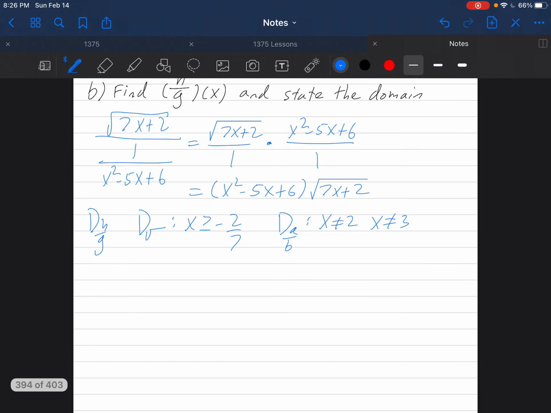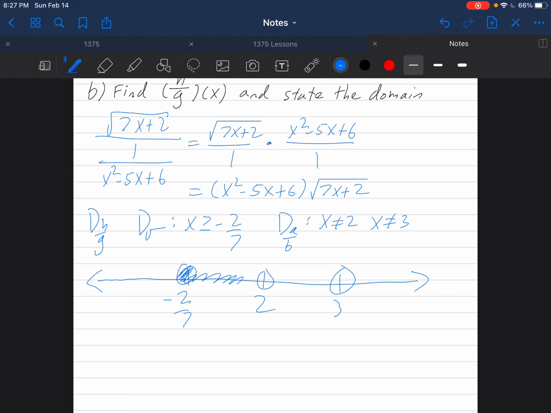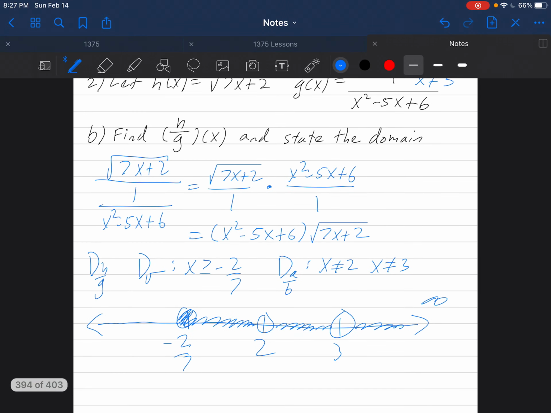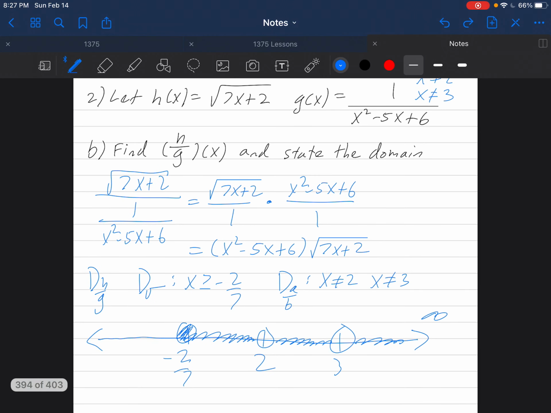So if we combine these two functions, we're going to get the same domain that we had before, negative 2 over 7 is included, moving upwards towards infinity, but excluding the values of 2 and 3. And then we would also have to find the domain using this radical, which turns out to be the same as this one.